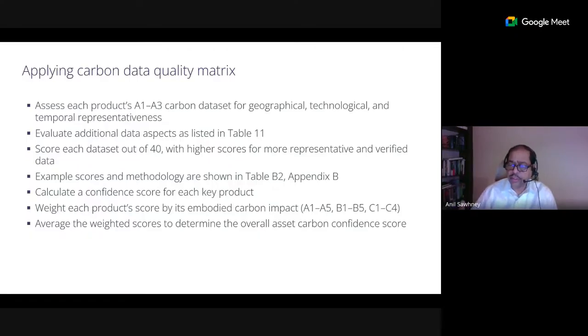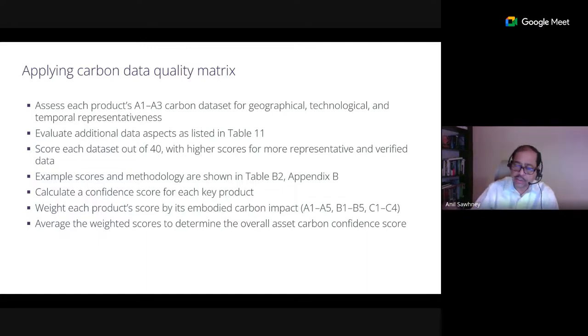Obviously, the standard actually provides how to score, the scoring methodology in table B2 and appendix B. Based on all these calculations, you're going to then calculate a confidence score for each product, weight each product score by its embodied carbon impact. So let's say you have 10 materials.